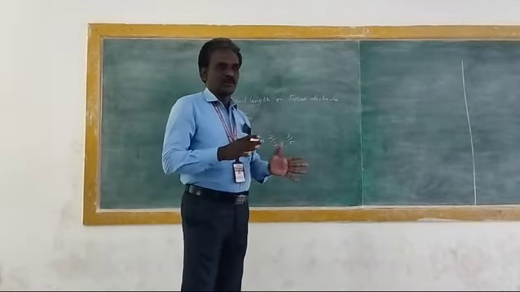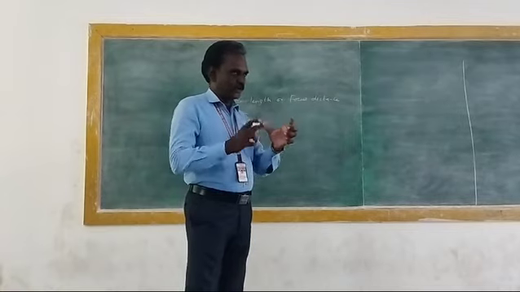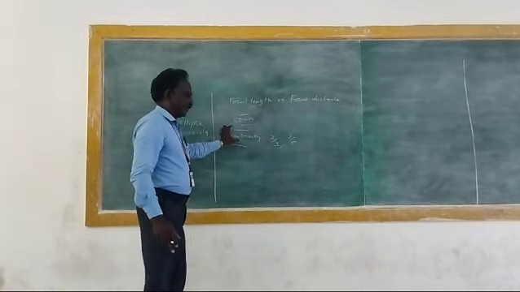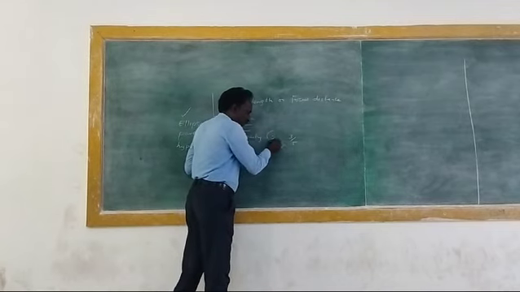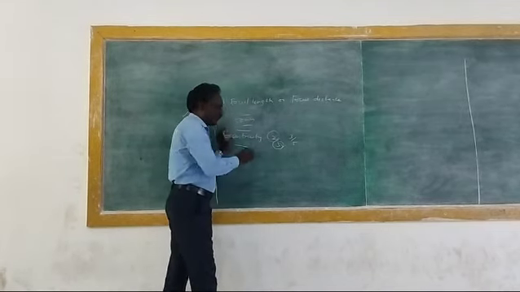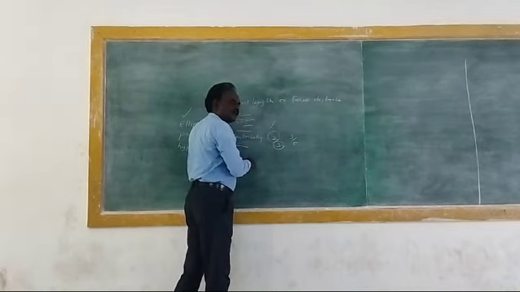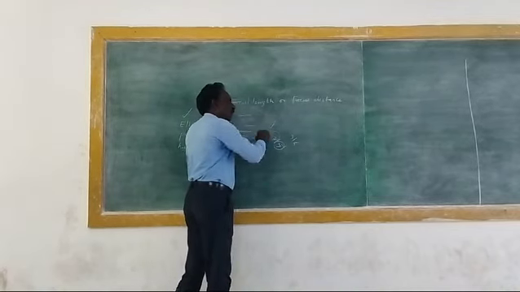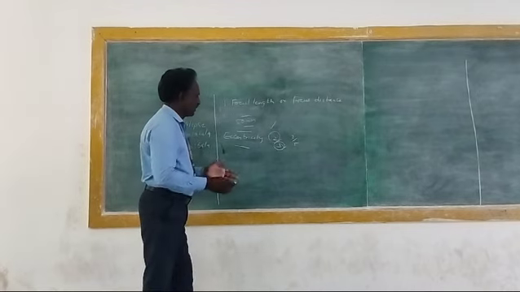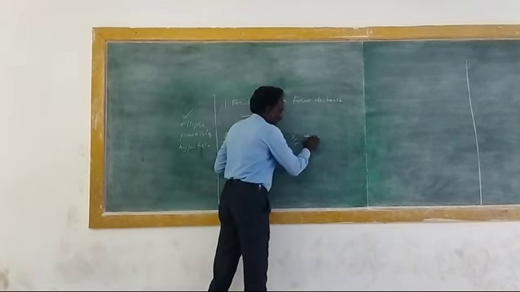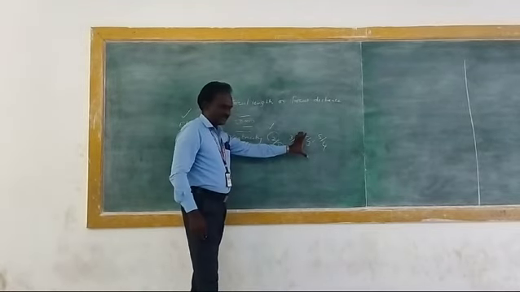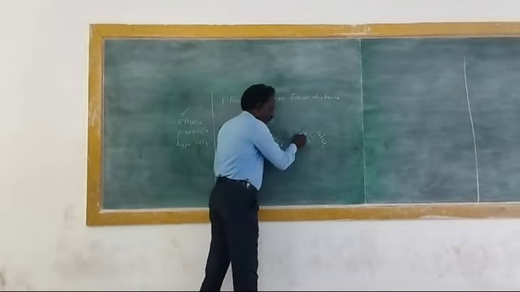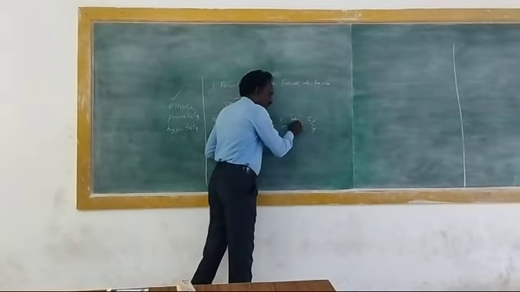But before going to this topic, we have to know the type of eccentricity. If the numerator value is lower than denominator value, this type of eccentricity will give the ellipse curve. Suppose 4 by 3, 5 by 4, I mean numerator value is higher than denominator value.